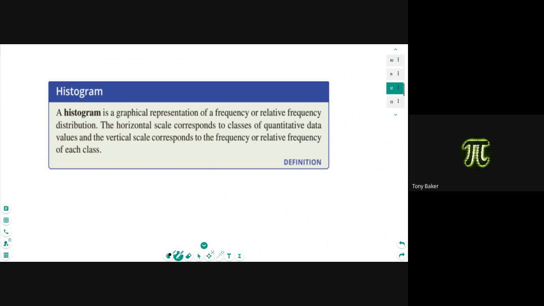The horizontal scale represents the classes of the quantitative data. Notice how it's quantitative data. This can only be done with data we can do calculations on. We cannot do calculations on names and things like that. Even though we possibly could put them in order, we can't do calculations on it. So it has to be quantitative data. And the vertical scale represents the frequency or relative frequency of each class.